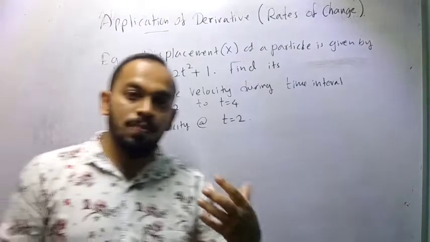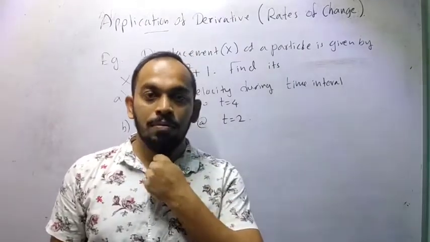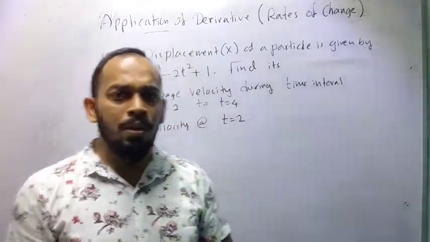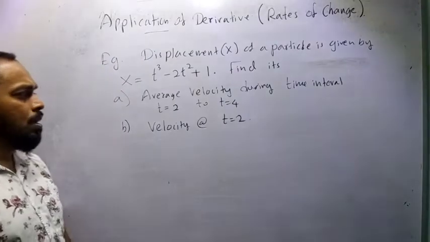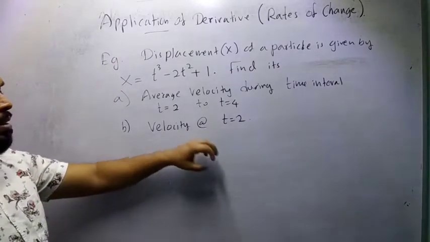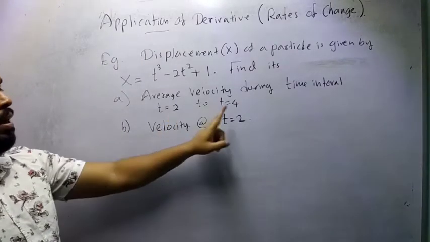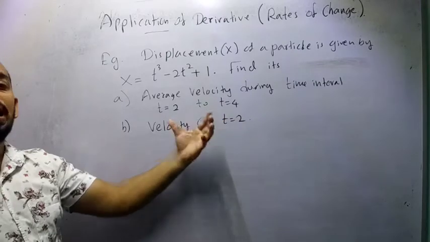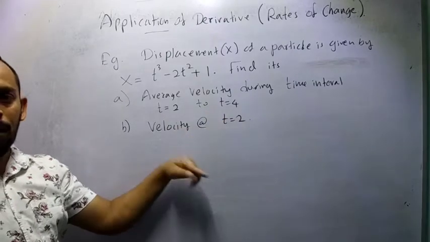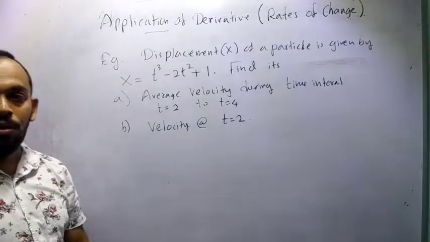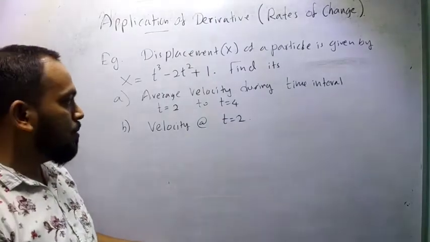When you are asked to find the average velocity, you just find the displacement at t equals 2, find the displacement at t equals 4, take the difference of the displacements and divide it by 4 minus 2. That gives you the average velocity.